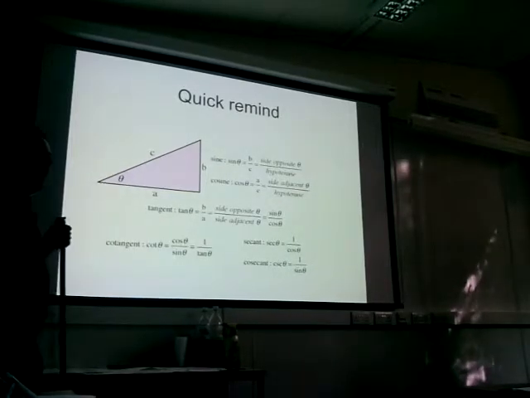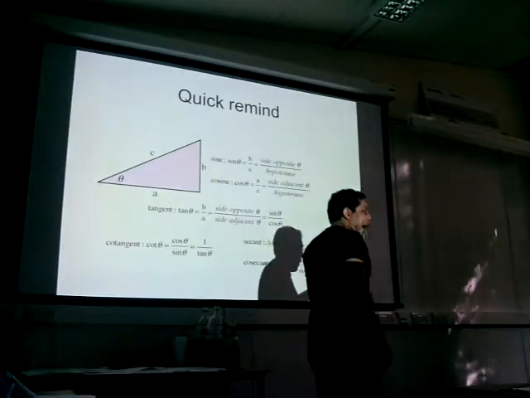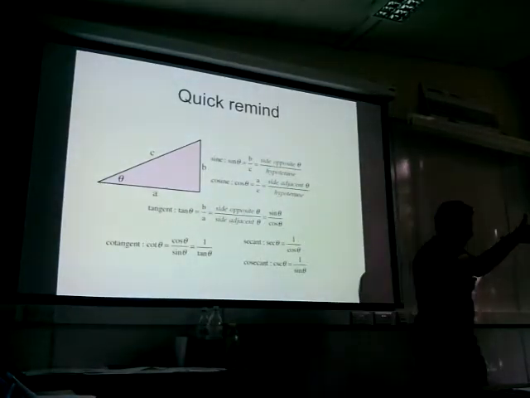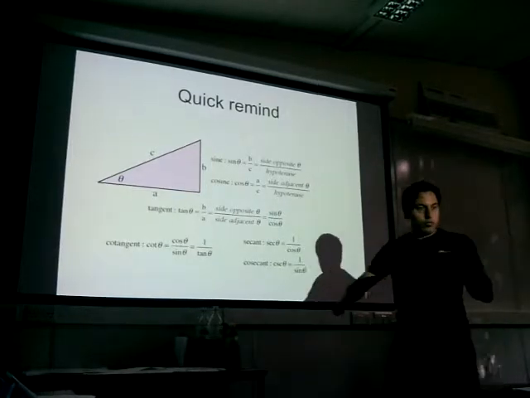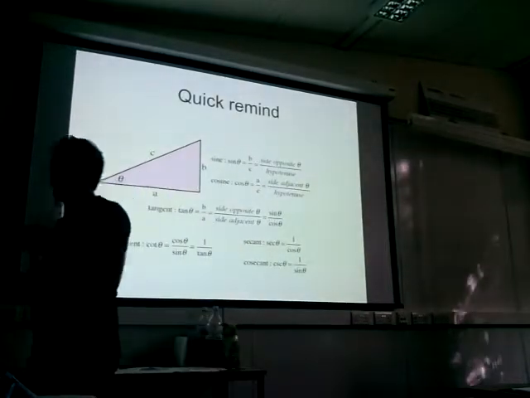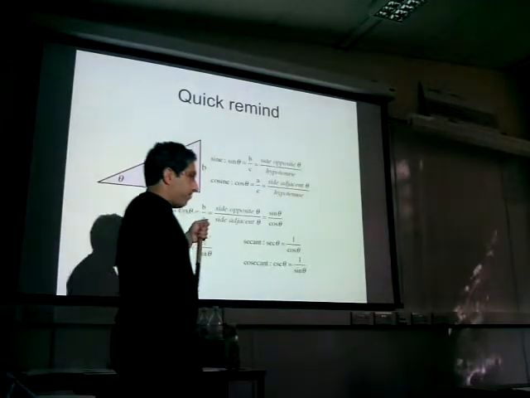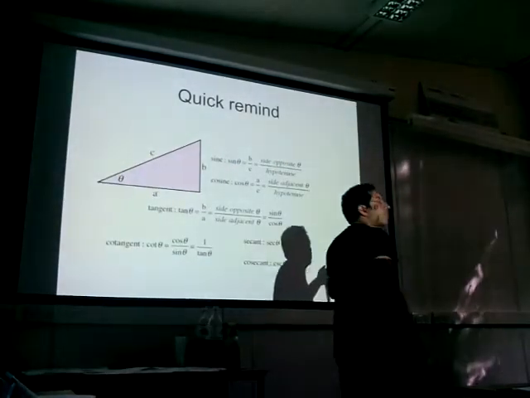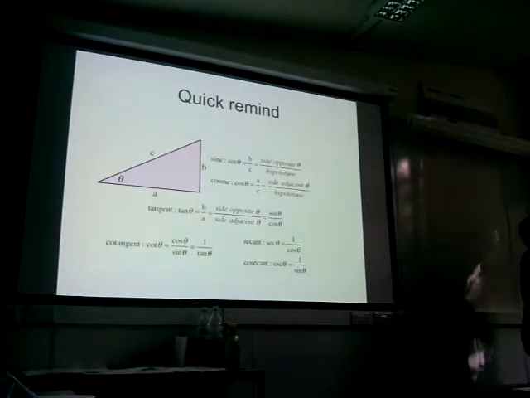Another thing you need to write down is that cosine squared plus sine squared is equal to 1. Not written in there, but something you have to write in your books. Remember, cosine squared plus sine squared is equal to 1, so that you can transform cosine to sine. So sine squared is 1 minus cosine squared. The sine is the square root of 1 minus cosine squared, and the other way around.